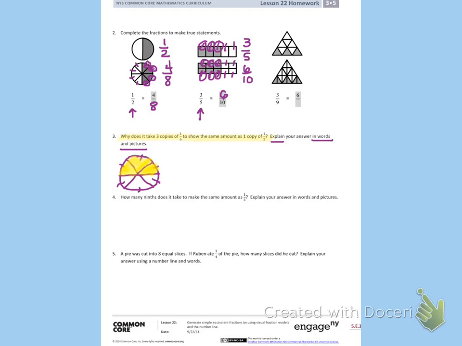Now I'll draw the same circle as best I can. I will divide it into halves. And I will shade in 1 copy, or 1/2.